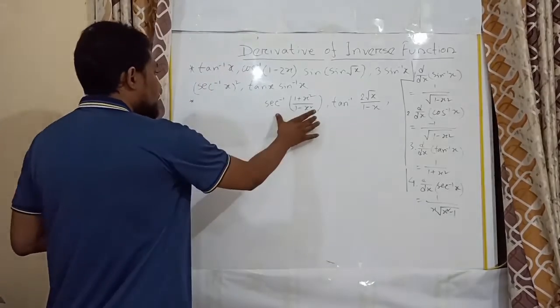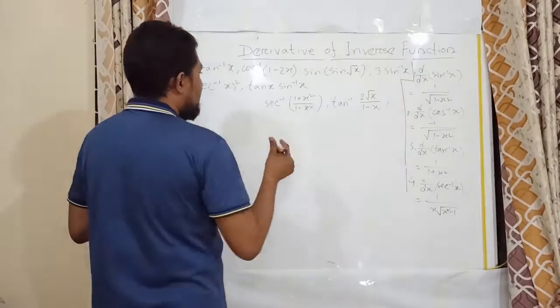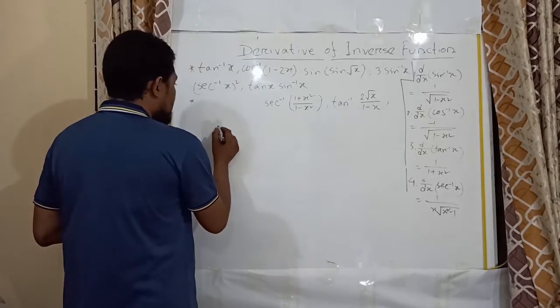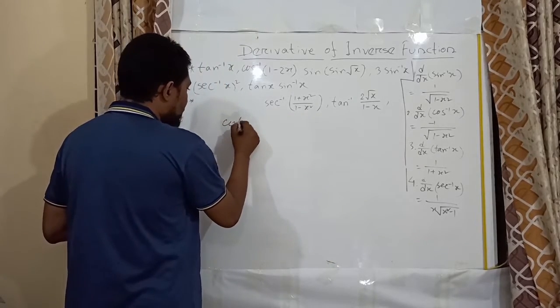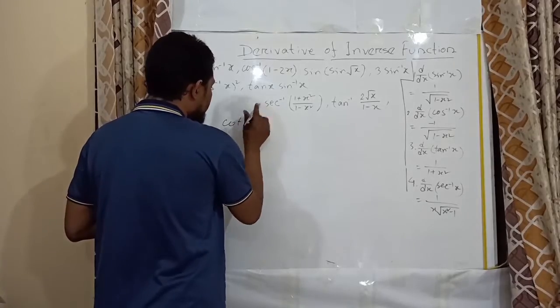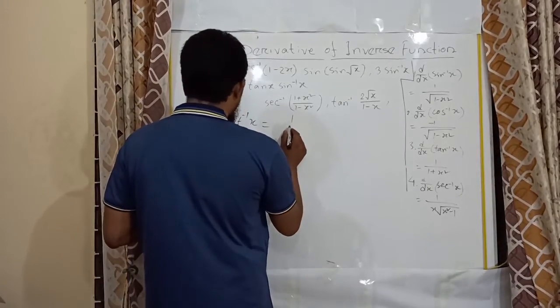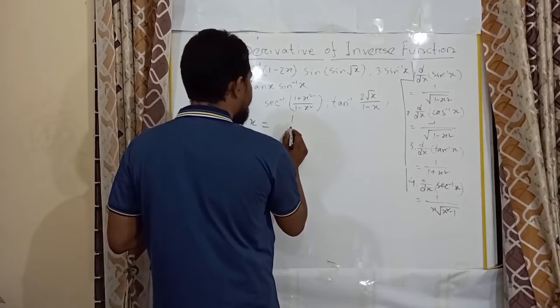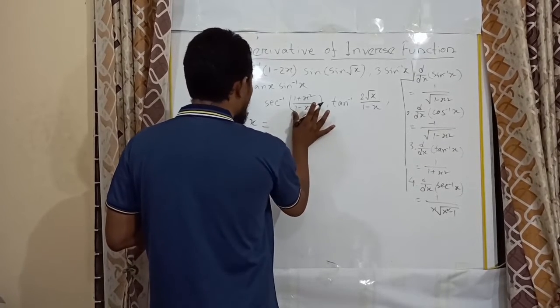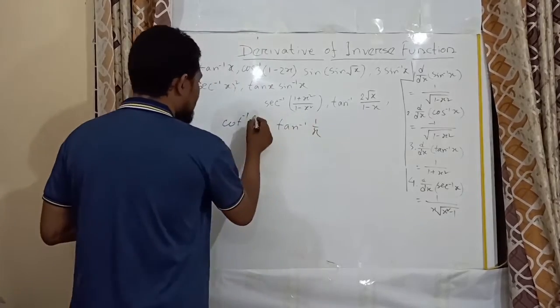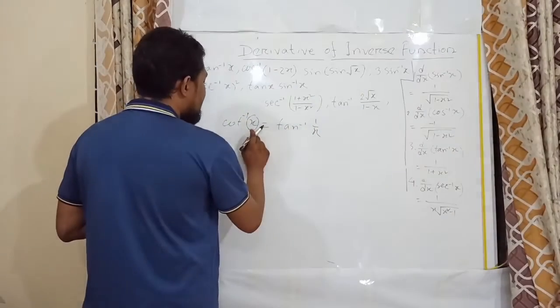Okay, so I'm going to the next question, that is sec inverse of 1 plus x square over 1 by x square. So if we go for that, cot inverse x we might write as tan inverse 1 by x. So here you see x is changed to 1 by x.